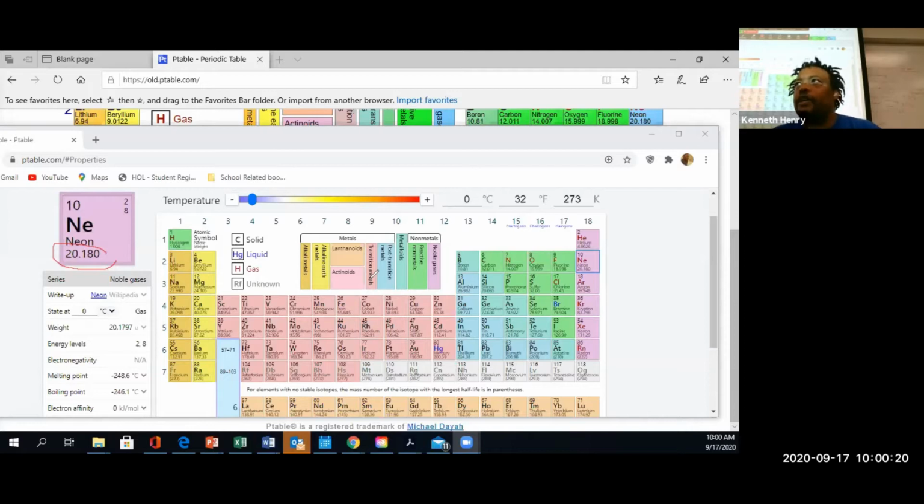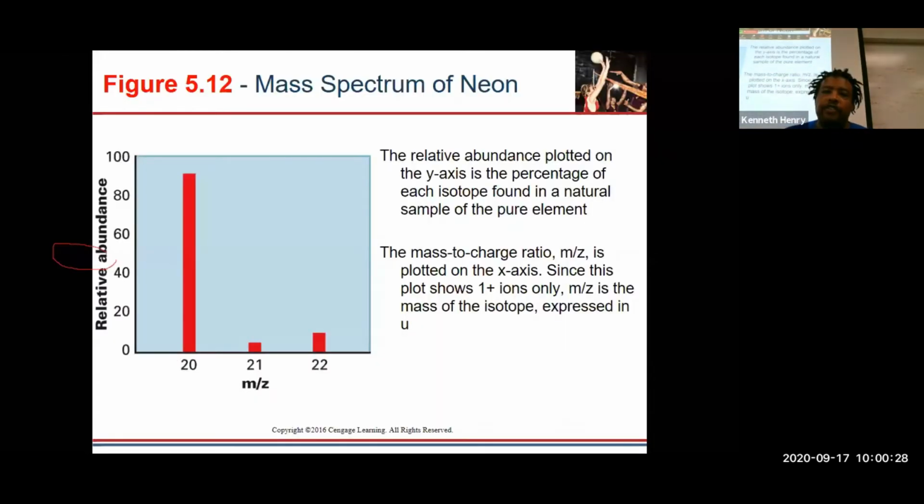So let me give you an example. We're talking about neon, right? This is a mass spec of neon. Mass spec will tell me the relative abundance of neon compared to the other isotopes of neon.